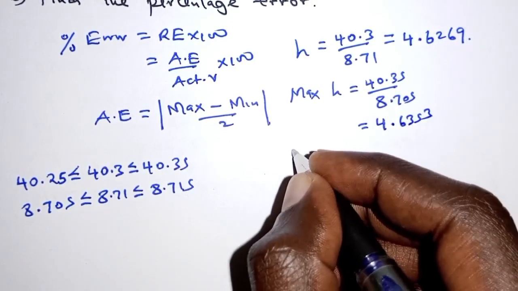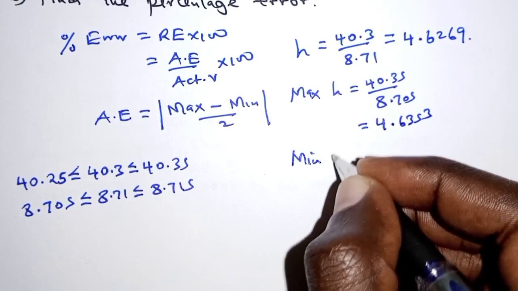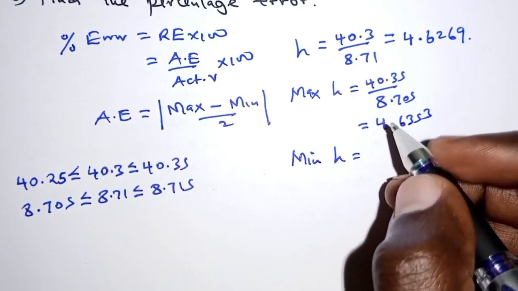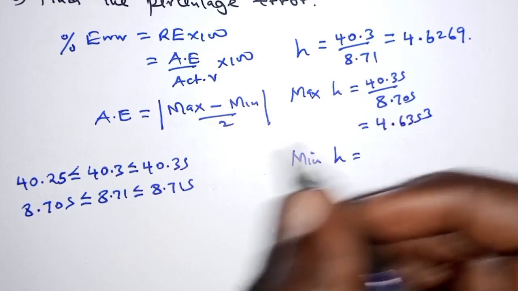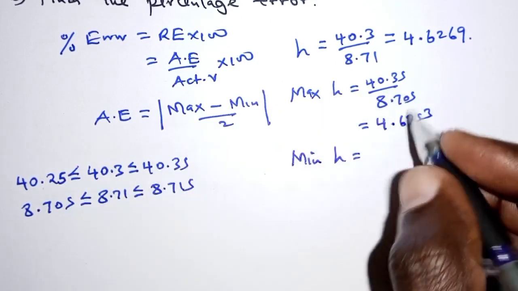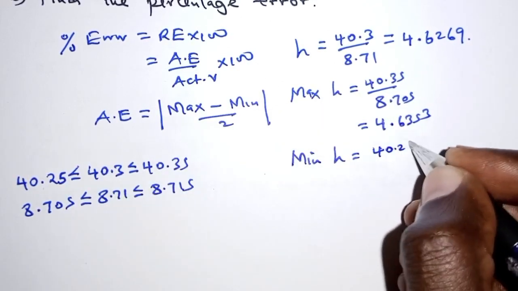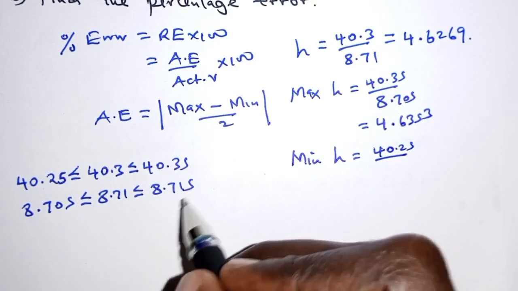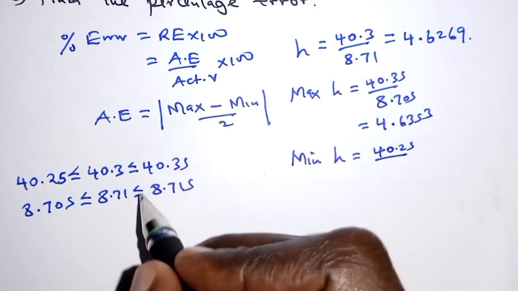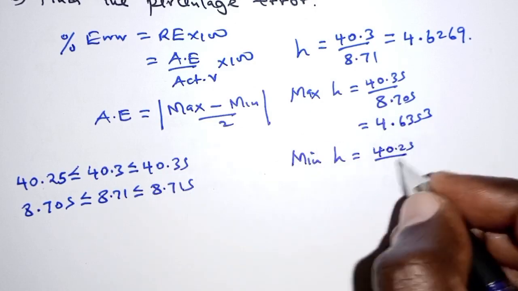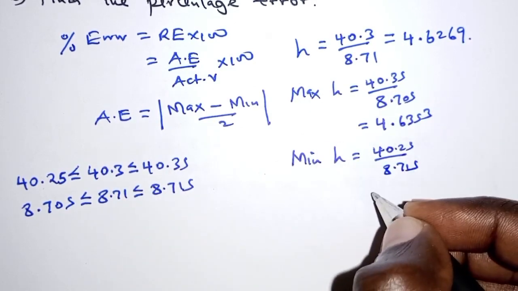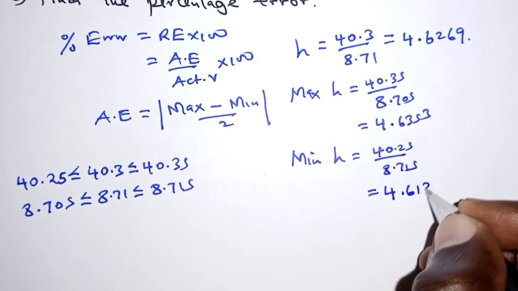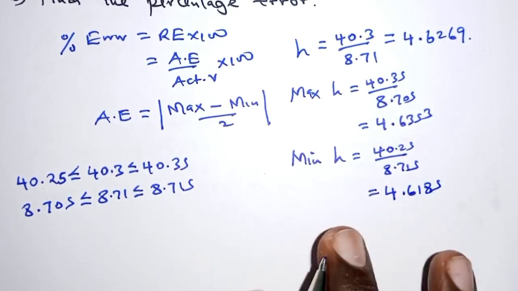And then for the minimum value of H, we are going to have the minimum value on the numerator, and the minimum here is 40.25, and then the maximum value on the denominator, and the maximum value for 8.71 is 8.715, and this should be 4.6185.